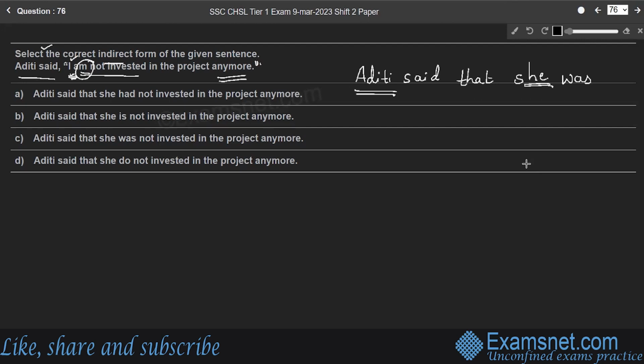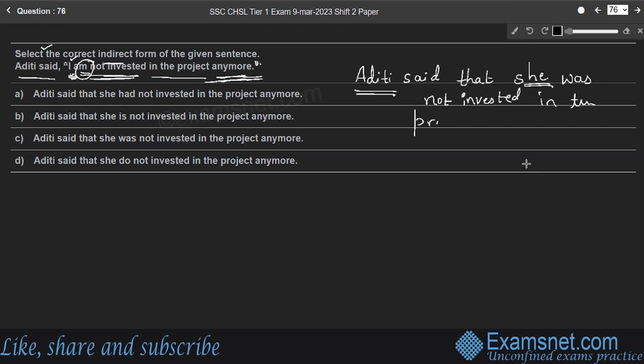The phrase not invested remains the same. So she was not invested, and the phrase anymore also remains the same. So not invested in the project anymore.